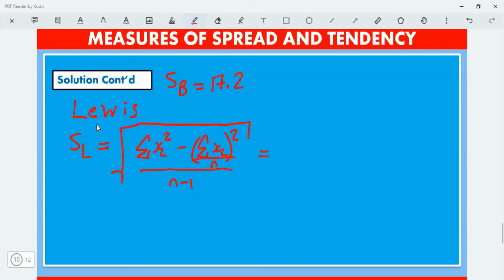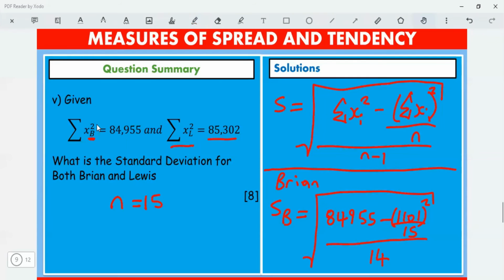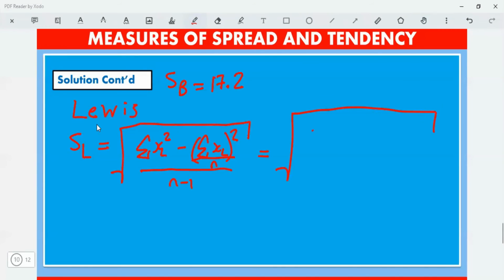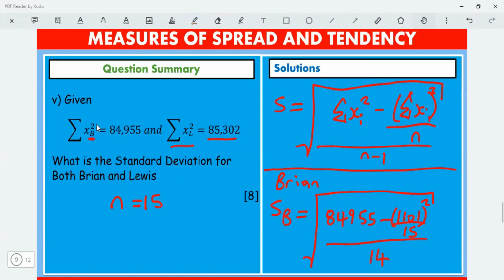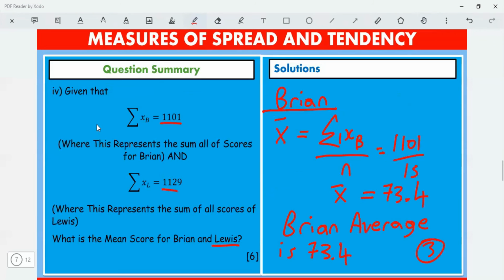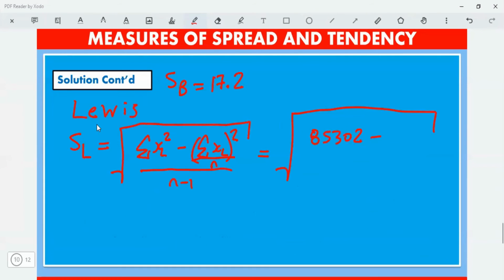That is given by the square root of the sum of XL squared, which they give us here, it is 85302. 85302 minus XL squared. XL is 1129. So it's going to be 1129 all squared divided by n. n is 15, over n minus 1, which is 14.